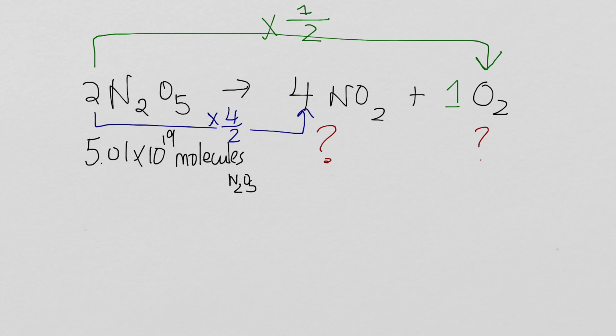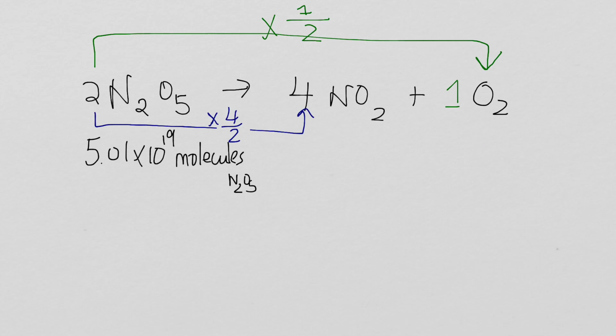And does this make sense? That you make half as much as what you're given? Well, yes, because it says here, for every 2 dinitrogen pentoxide that you react, you're only going to make 1 oxygen molecule, which is half as much. So this does work.